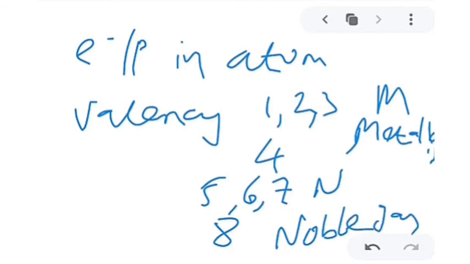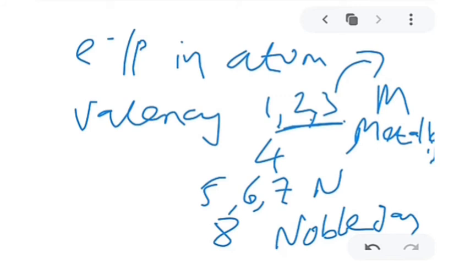Now why is it so? Every element wants a stable octet, except hydrogen and helium. So any element having 1 to 3 valence electrons, to get stability, will give away these electrons.